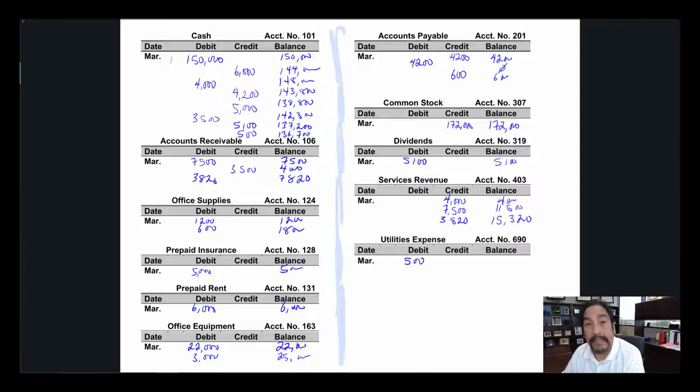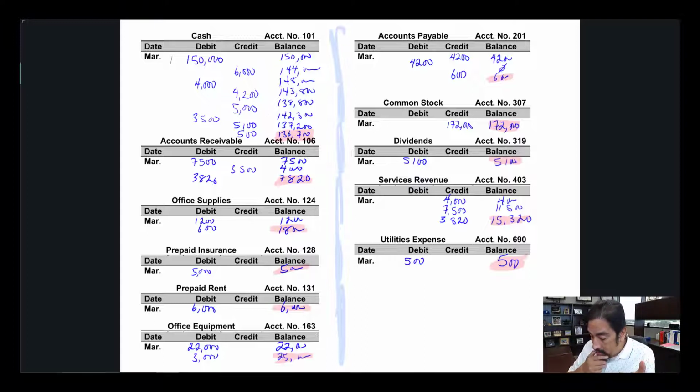And then the utility expense has a normal debit balance, so we're going to show it as 500. Okay, I didn't think I was going to do them all, but I did have to because I need the final balance for all of these accounts, because I'm going to put all these together to create my trial balance.